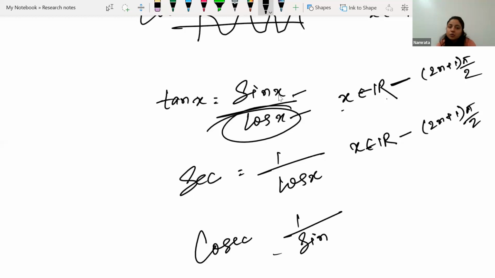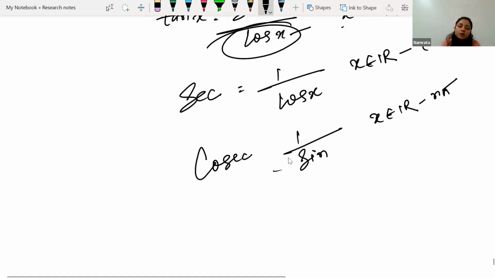Cosec will also be continuous for all x belongs to R except wherever sine is 0. Sine is 0 at 0, pi, 2 pi, 3 pi, 4 pi. So integral multiples of pi are the points where sine is 0. We have to exclude those points.